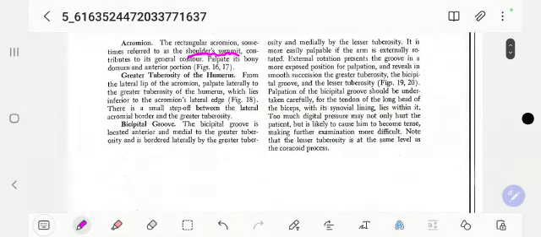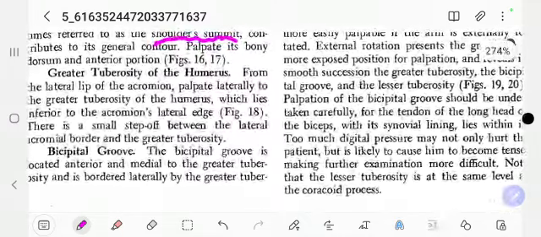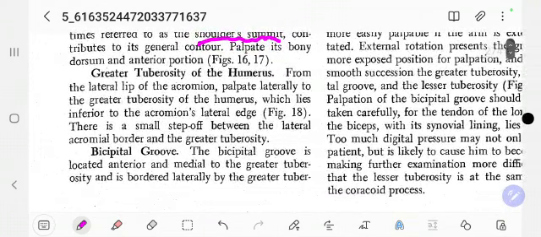The fourth one is the greater tuberosity of the humerus. From the lateral tip of the acromion, palpate laterally to the greater tuberosity of the humerus, which lies inferior to the acromion's lateral edge. There is a small step off between the lateral acromial border and the greater tuberosity.